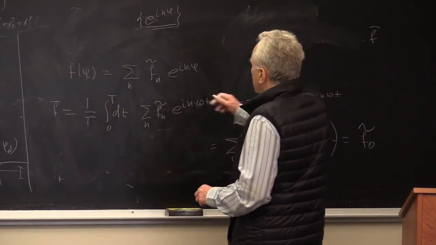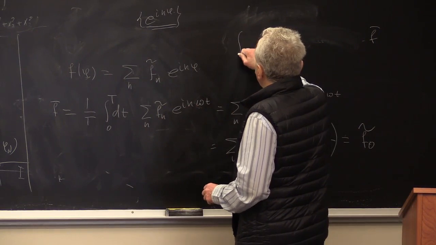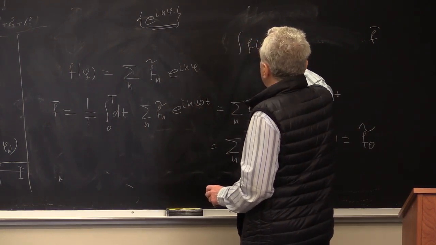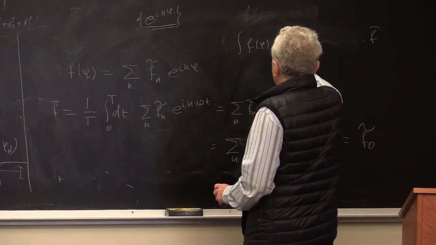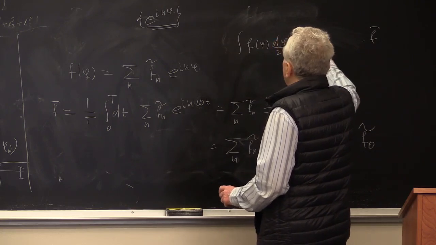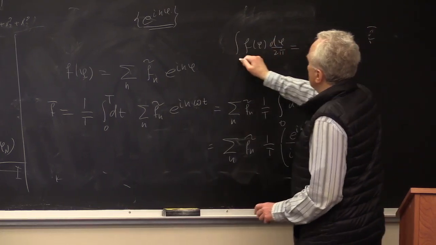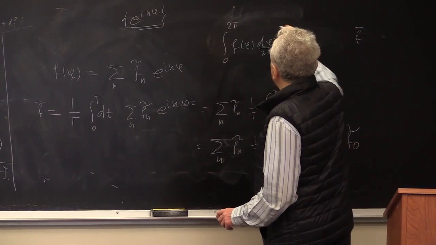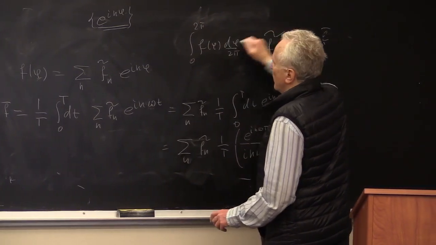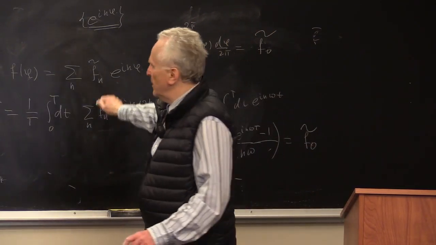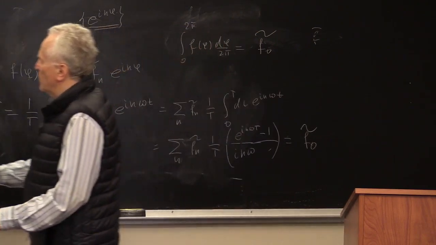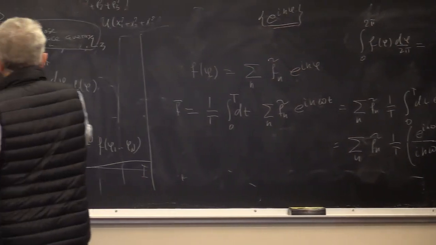Okay, but what is f_0 tilde? Take the integral of f of phi d phi divided by 2 pi, from 0 to 2 pi, and this is f_0 tilde. Only the first term will contribute. So we proved it for the one-dimensional case.